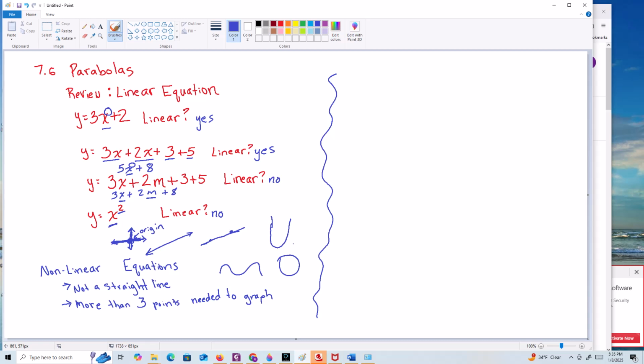It looks like a U, or it could be an upside down U. You need more than 3 points to graph a nonlinear equation, and for parabolas, you need at least 5 points. Parabolas need 5 points to graph.